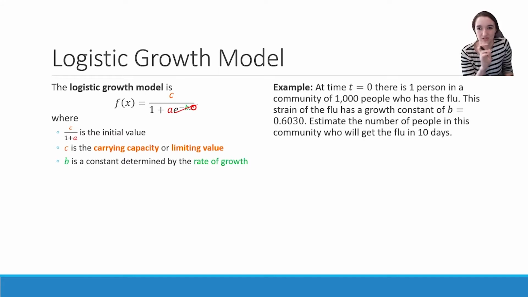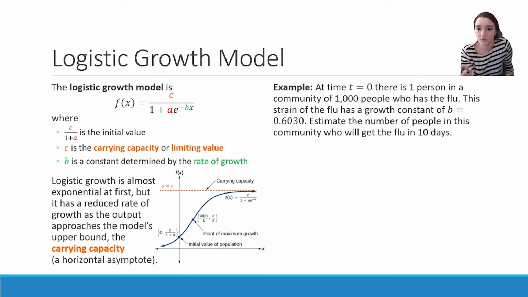It can't continue to live because they will no longer be infectable, so it won't have as many people to pass to. So the logistic growth ends up looking like an exponential at first, and then we reach this carrying capacity and we plateau. So we get that second horizontal asymptote at the carrying capacity. Our first horizontal asymptote is the one that is back towards negative infinity, and we get a different one towards positive infinity.